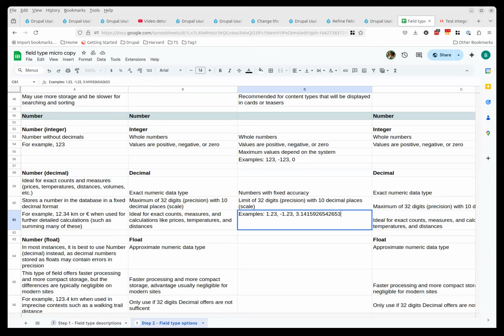Would it make sense, in case of decimal and float, to have both examples and recommended for? Because personally, I would have a hard time knowing when to use decimal and when to use float, and having some sort of recommendation in which context it's preferable to go with decimal and in which context it's preferable to go with float, and at the same time an illustration of how a float or a decimal looks in difference, might be helpful in this case.